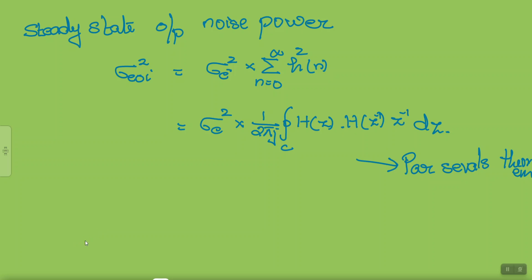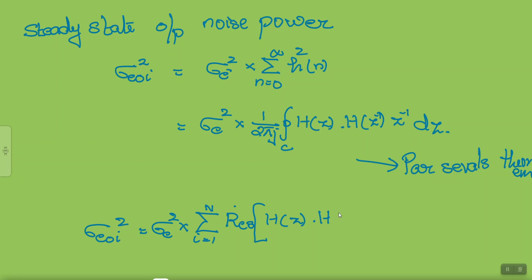So sigma eo square is equal to sigma e square into the summation i equal to 1 to n of the residue of h of z into h of z raised to minus 1 into z raised to minus 1, at the term z equal to p.